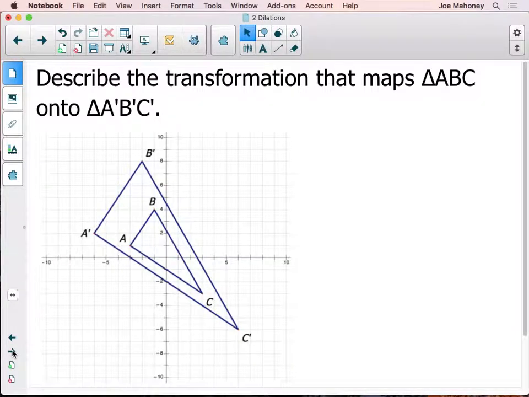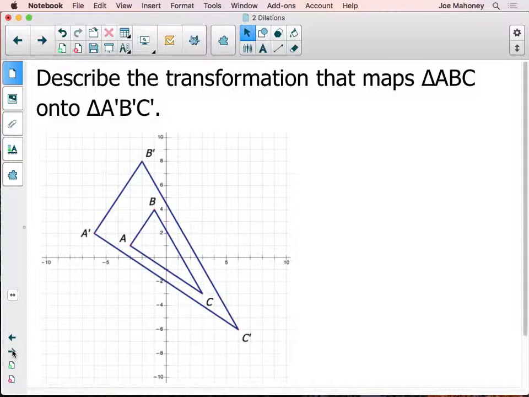Well, let's go the other way now. Suppose you're given a triangle, triangle ABC, and then you have its image, triangle A prime, B prime, C prime. I want to determine what transformation. So when I read transformation, I think reflection, rotation, translation. It's none of those.